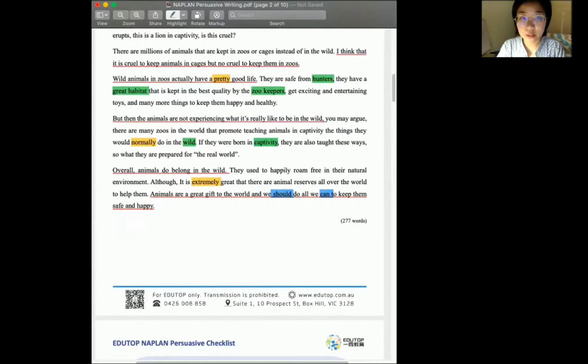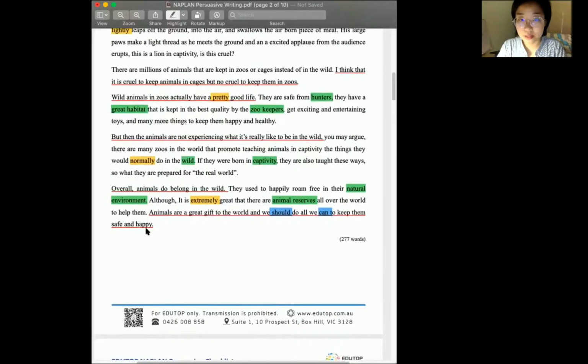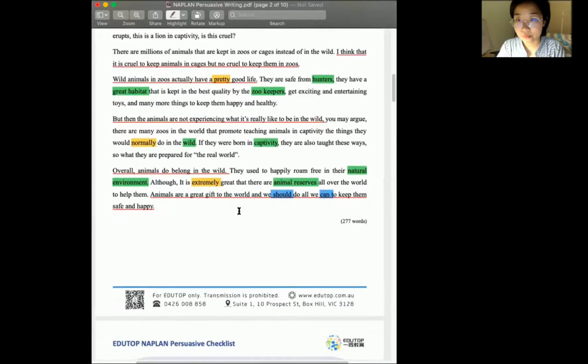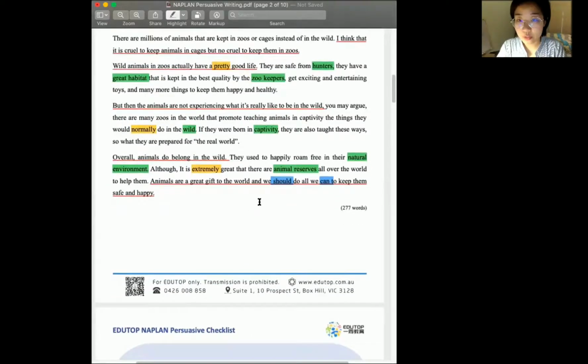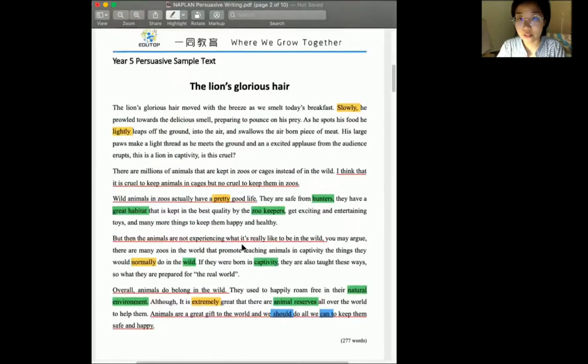That's a very good word. And animal reserves. That's a precise word group. Natural environment. Another word group, isn't it? Can you find more? Maybe you can find more. I will just show you some examples over here.